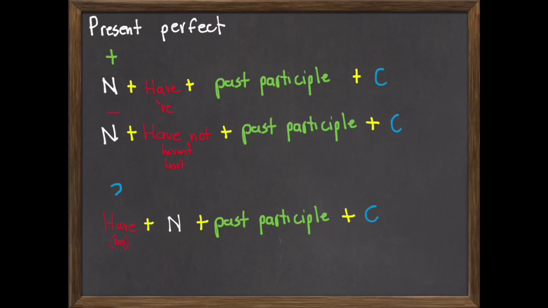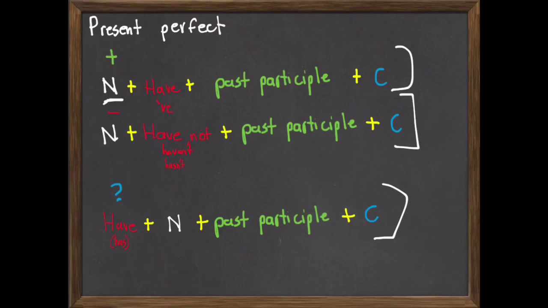Now let's look at present perfect. Here I added some rules that you might want to look at in this unit. Firstly, how we use the present perfect for positive sentences, negative sentences, and question sentences. The formula for the positive sentences is the noun and the verb to have.